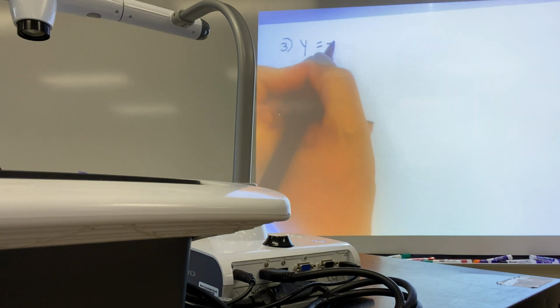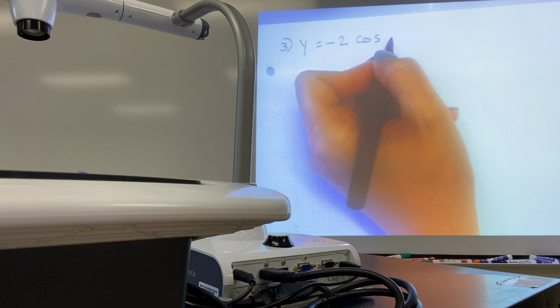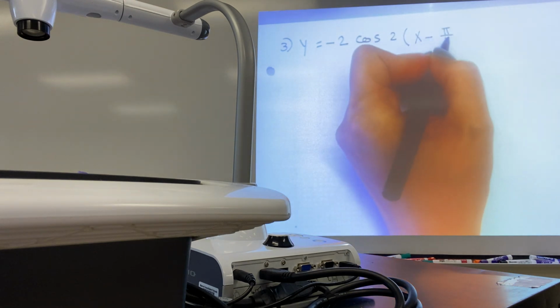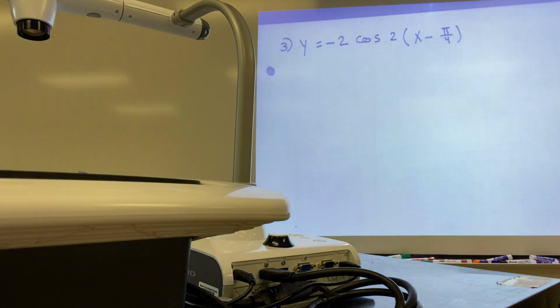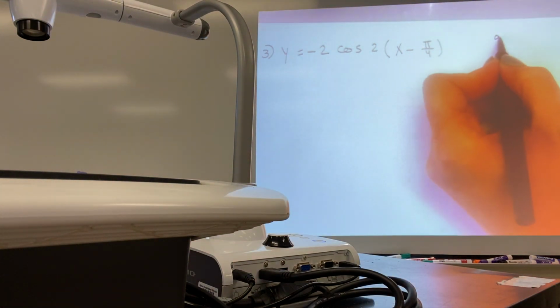So this is example 3. We have y equals -2 cosine of 2x minus pi over 4. We'll say that the amplitude is the absolute value of -2, and that is 2.